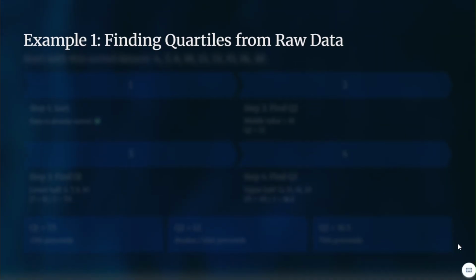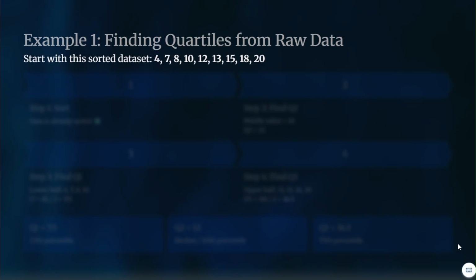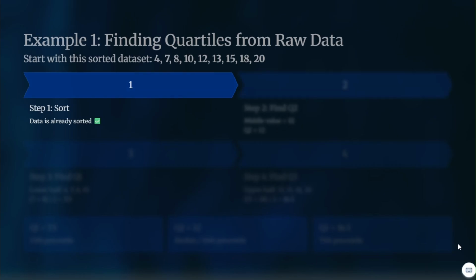For example, let's say that we have this sorted data set: 4, 7, 8, 10, 12, 13, 15, 18, and 20. In this data set, we have 9 values and they're already sorted. If they were not, the first step would be to sort the data from smallest value to largest value.